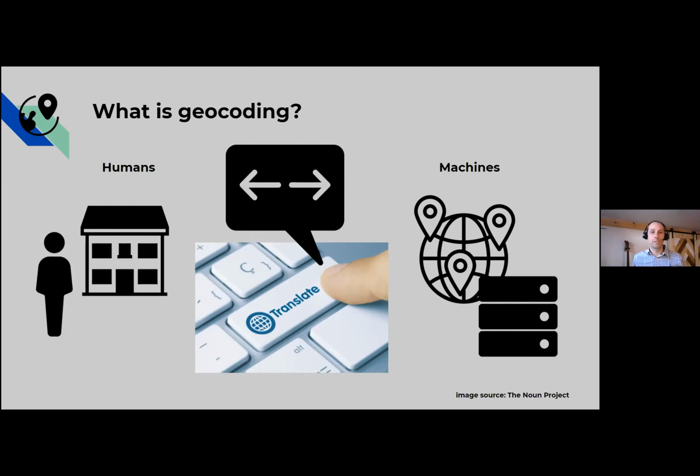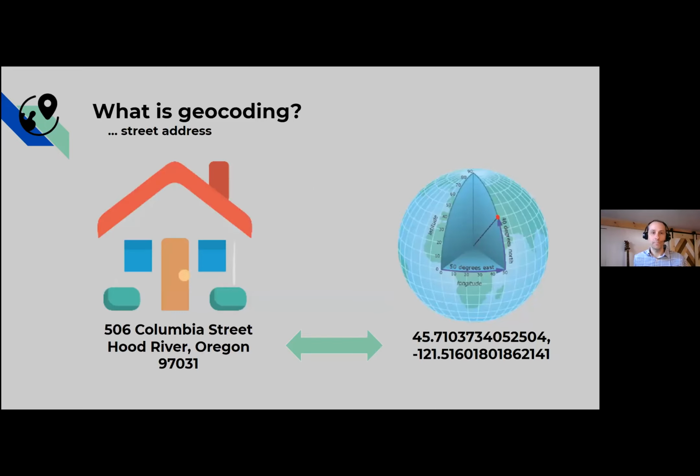We like to refer to our home address with a street number and a street name and street type, and that's comfortable to us. But a machine on the other side, that doesn't make as much sense. It wants to see a coordinate pair, a lat long oftentimes. And the geocoder is what gets us going between the two. We'll see how that evolves in this presentation and how that works.